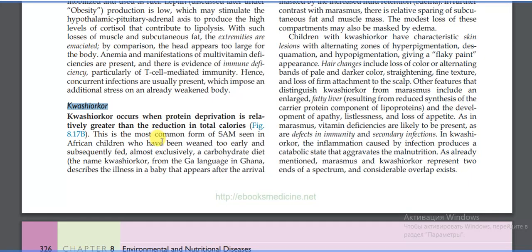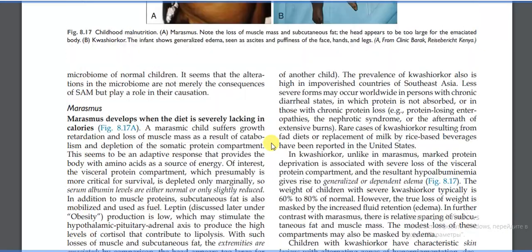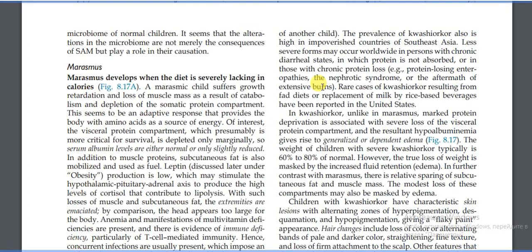The word kwashiorkor is derived from the language of Ghana, meaning an illness in a baby that appears after the arrival of another child. In Africa it's very common to have a lot of children in one family, and when the first child has grown up and is no longer breastfed, proteins are deprived, and they start eating only cheap food. That's why it's known as kwashiorkor.